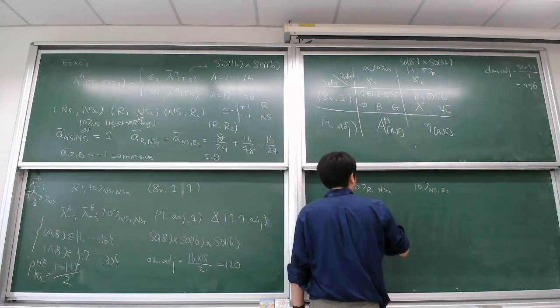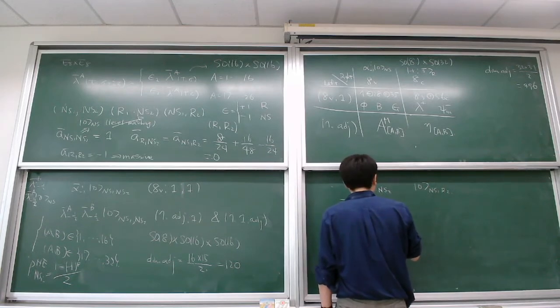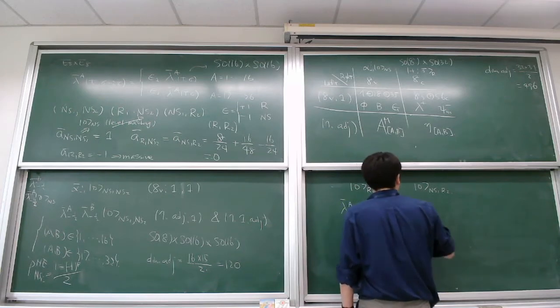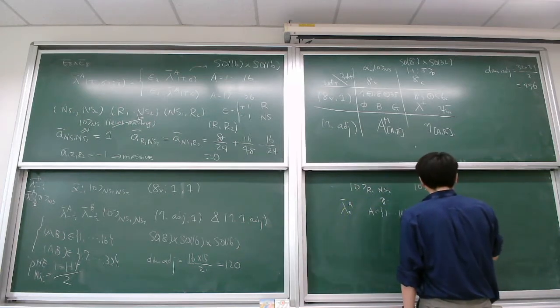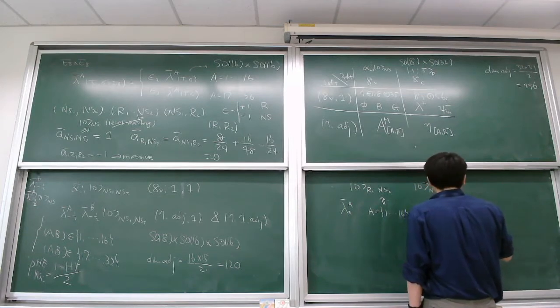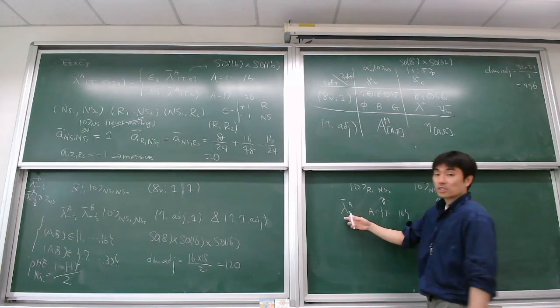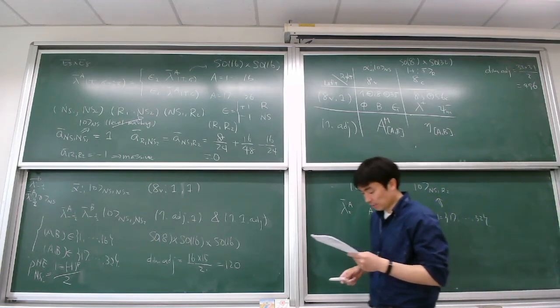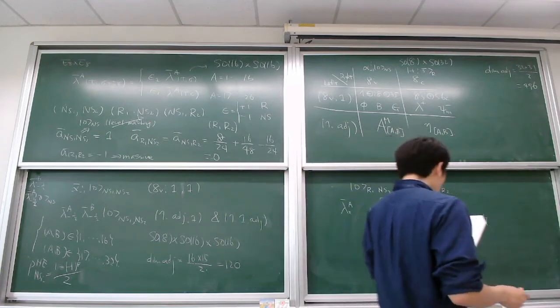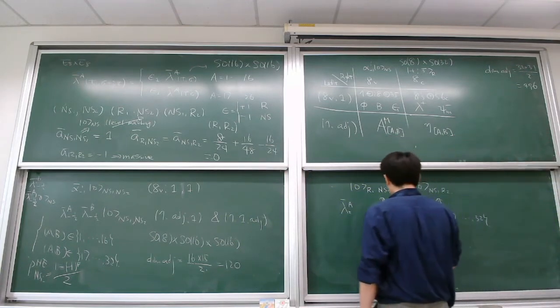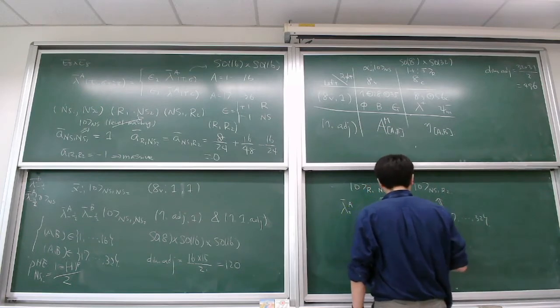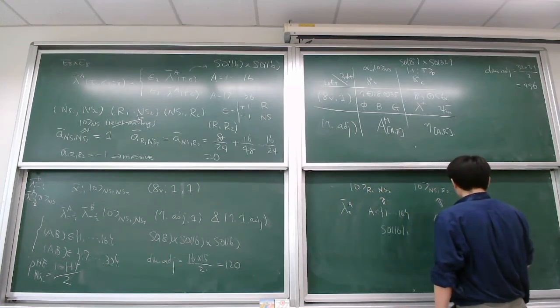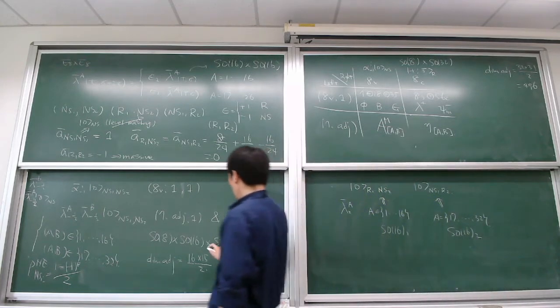A is either 1 to 16 in this case, or in this case A runs from 17 to 32. Then there is a zero mode for fermions, Majorana fermion, that can act on the vacuum and create some states. That will give you spinor states of SO16 1 and SO16 2.